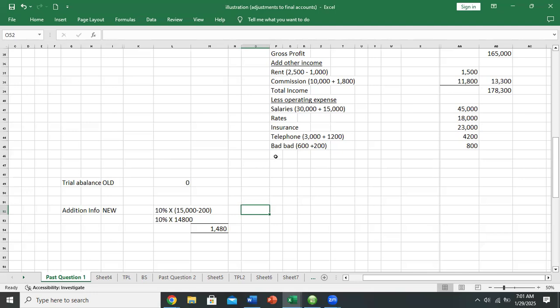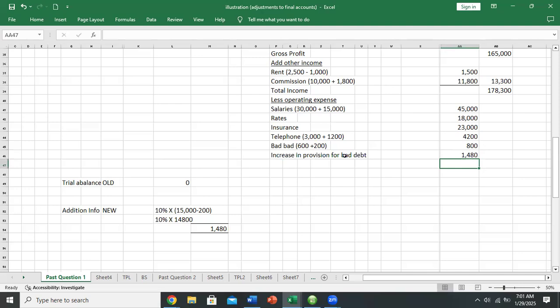So increase in provision will be part of your expenses. So increase in provision for bad debt, add it to your expenses. That's 1,480. So that is how you deal with the provision.